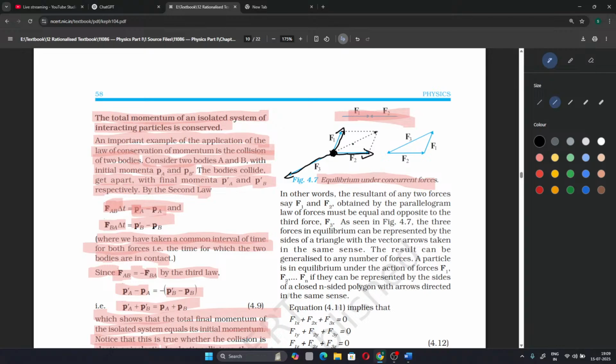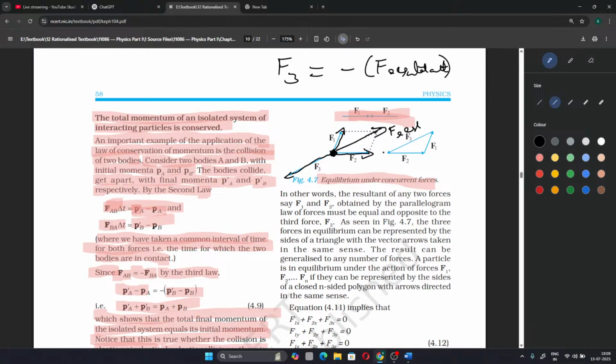When we take the resultant of F1 and F2, let's call it F resultant. For the body to be in equilibrium, F3 must be equal to minus F resultant. Only in that case will the body be in equilibrium.